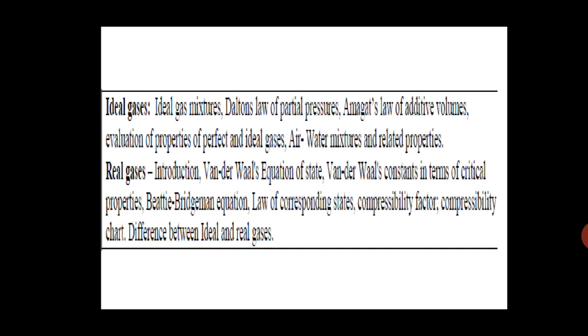We will look into the Beattie-Bridgeman equation, the law of corresponding states, and the compressibility factor Z, which we will find from the compressibility chart. And lastly we will see the difference between ideal and real gases.